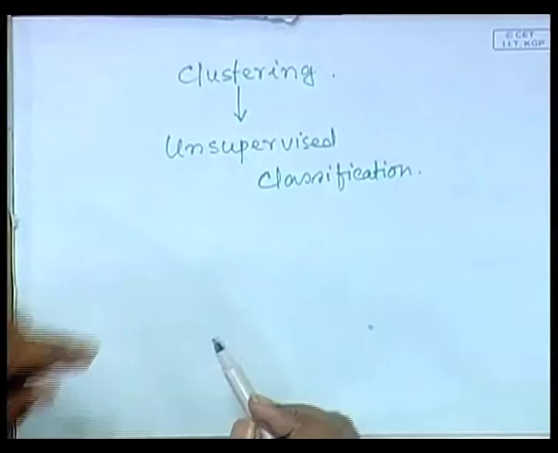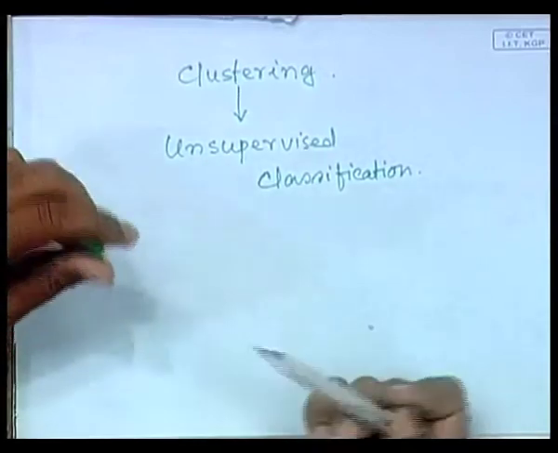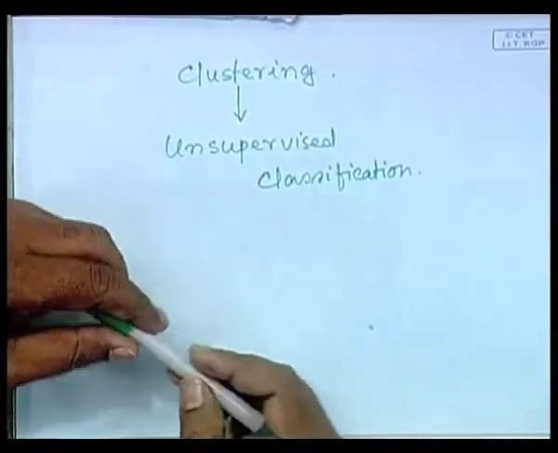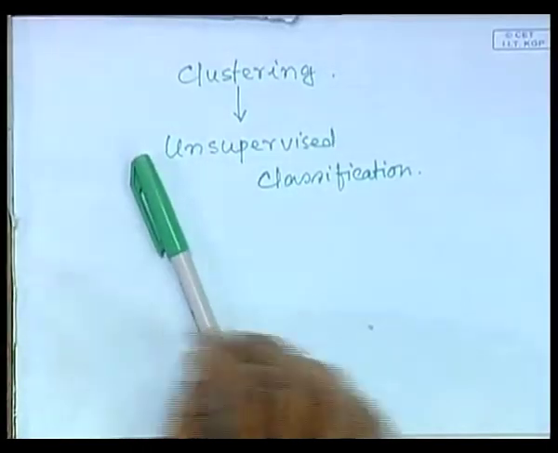What we have seen so far are supervised classification, because for designing the classifier or even for training the neural network, we use a set of samples for which the class belongingness is known, the labeled samples.